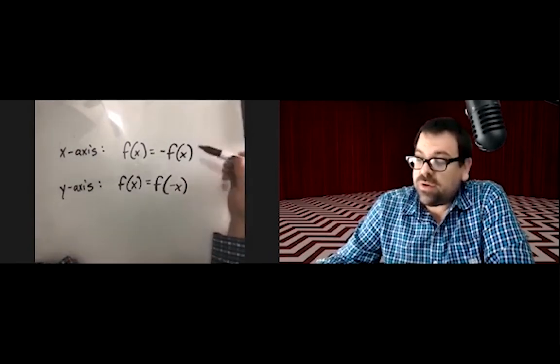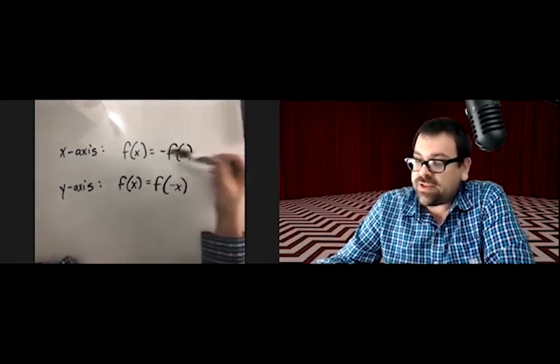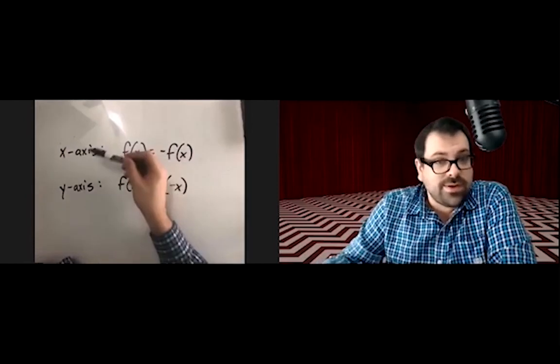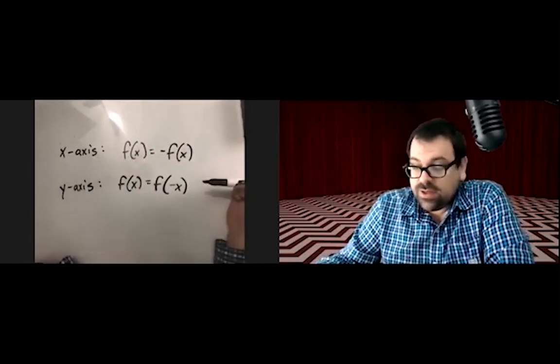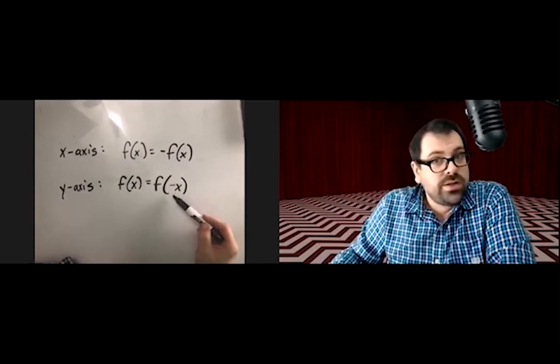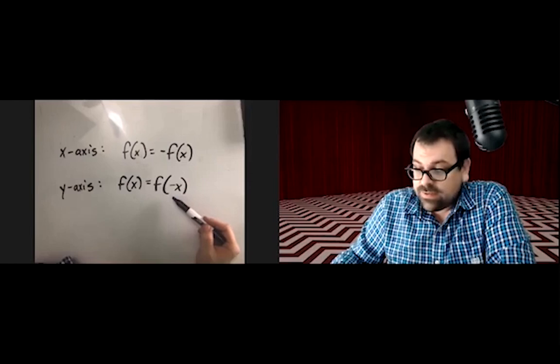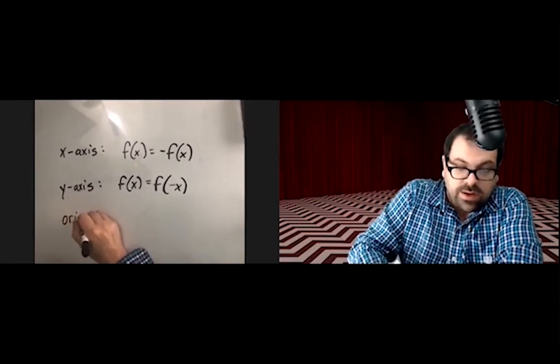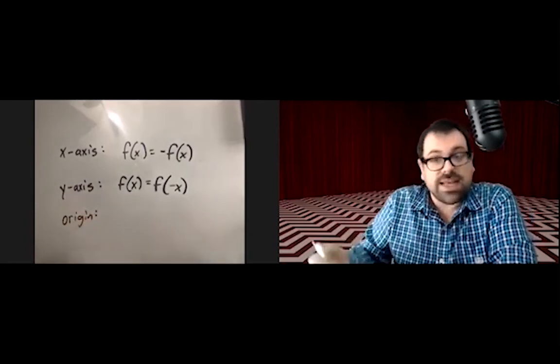So in function form, if f of x equals the opposite of f of x, it has x-axis symmetry. If f of x equals f of negative x, it has y-axis symmetry. And for origin symmetry, it has to have both.